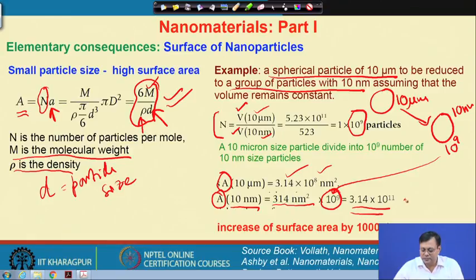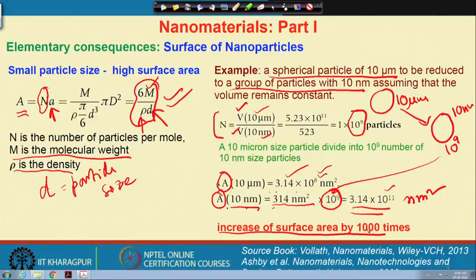So we can estimate the total surface area available for 10 nanometer size particles, which is 3.14 times 10 to the power 11. You can see this is almost 10 to the power 3 times higher, meaning we can increase the surface area by 1000 times.